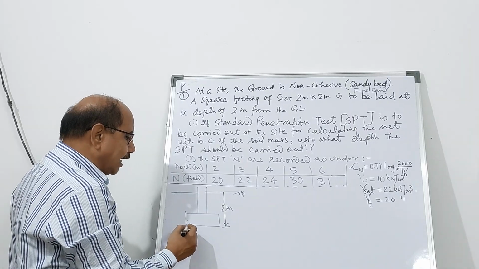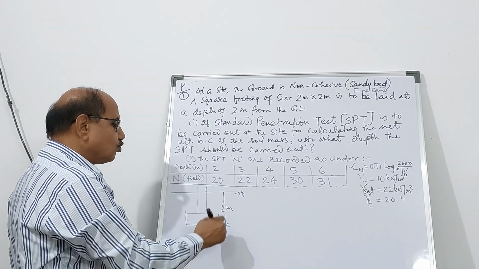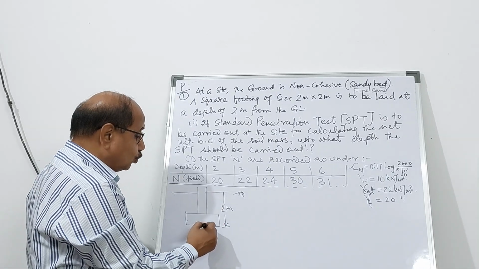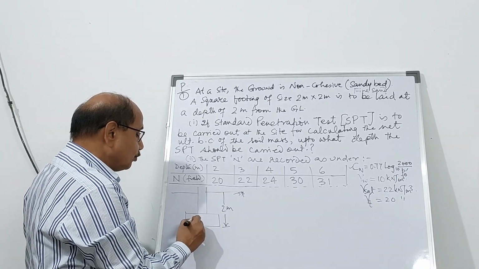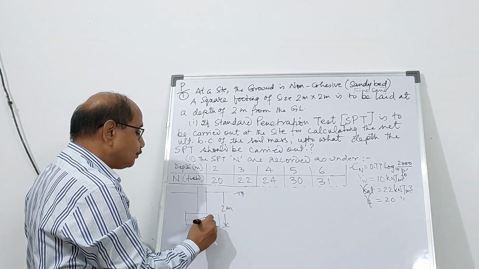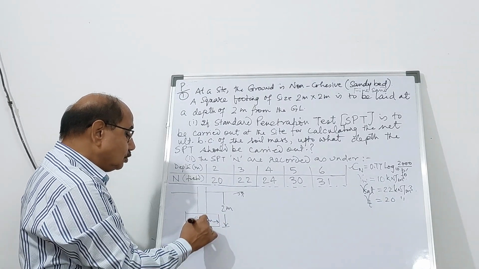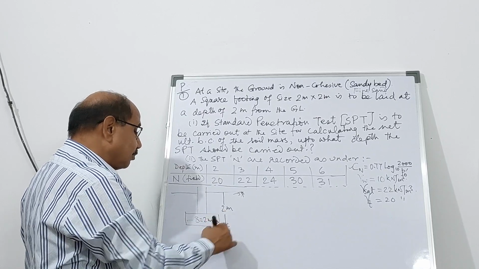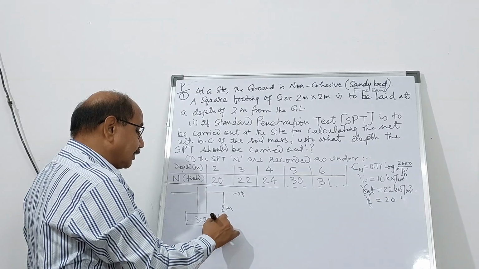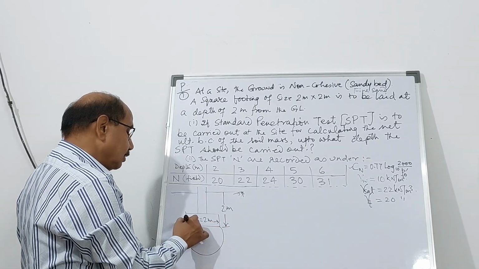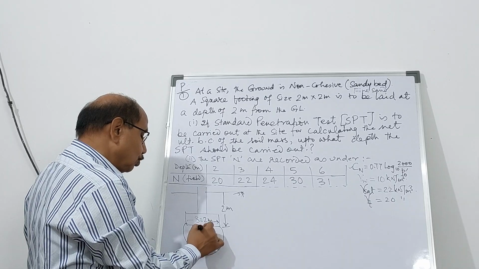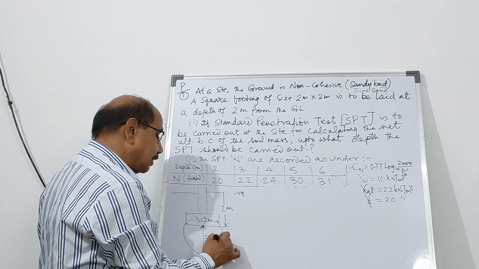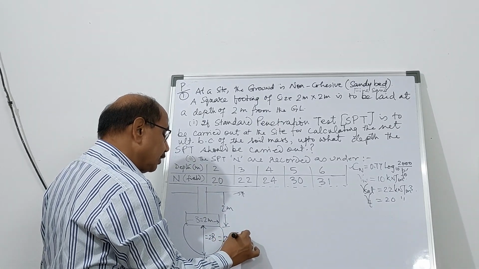As we know, the pressure bulb for this footing from shear criteria will be up to 2 times the width of the footing. So width of the footing B equal to 2 meter. So the zone of influence or the pressure bulb that is going to be effective below the base of the footing is going to be 2 times B, that is 2 into 2 equal to 4 meter.